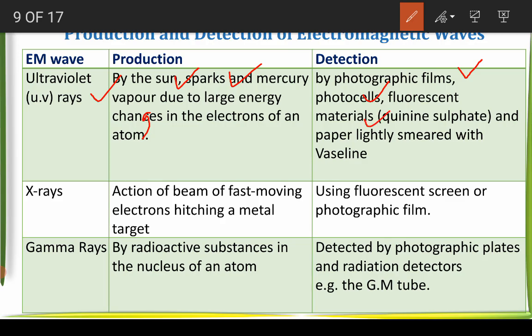An example is quinine sulfate, and paper lightly smeared with Vaseline. When you take paper, smear it with Vaseline or cooking oil and hold it against light, you see a translucent spot there. That translucent spot is used to detect UV radiation.